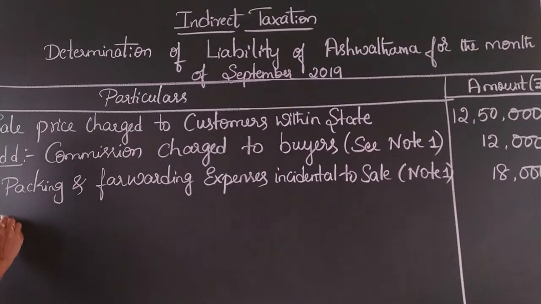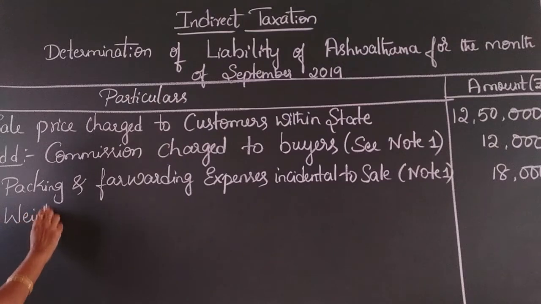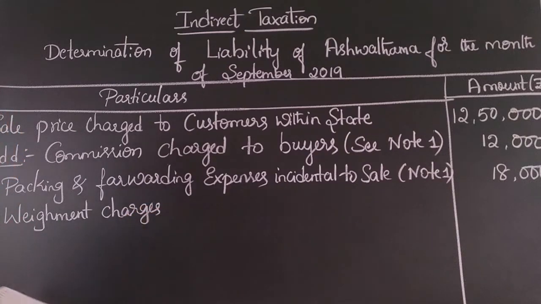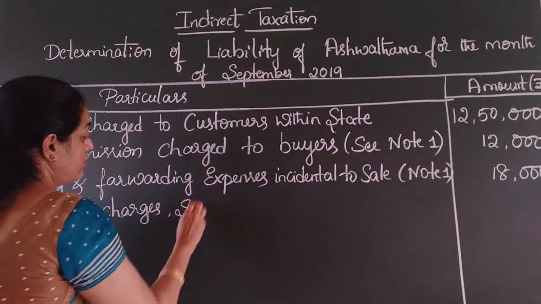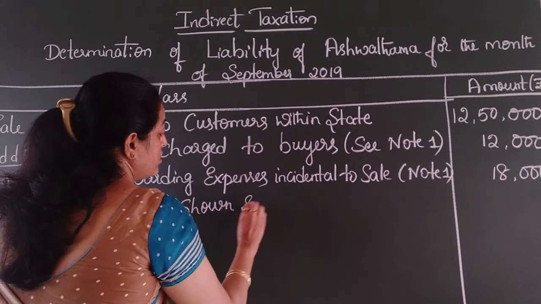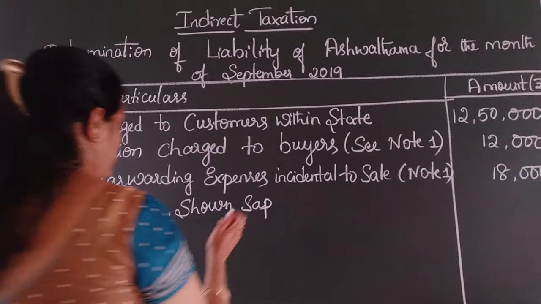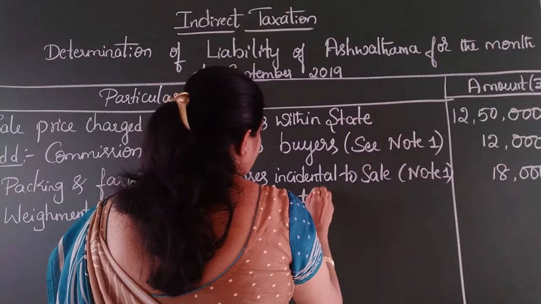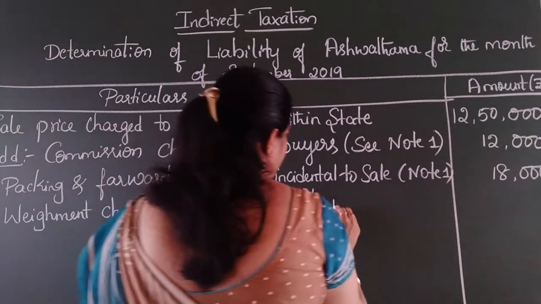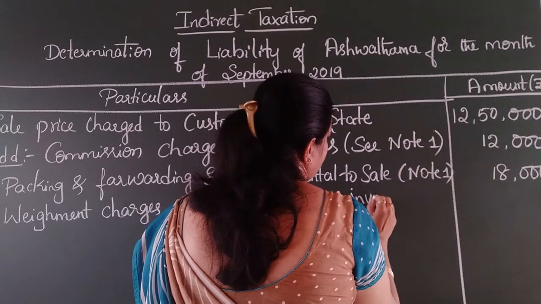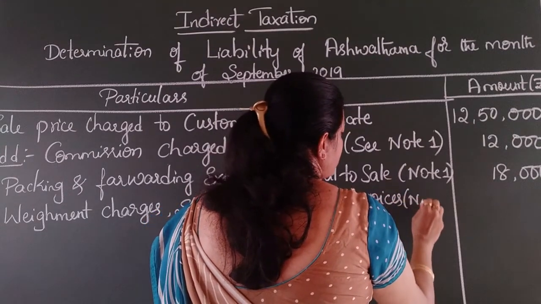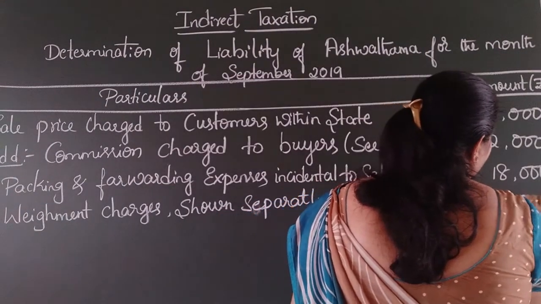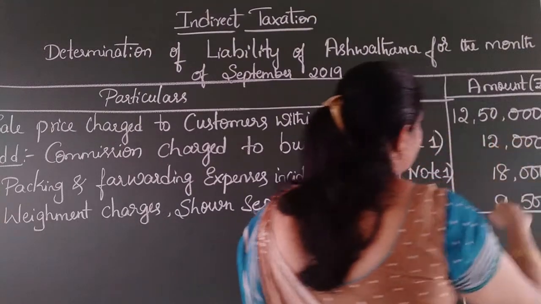And weighment charges shown separately in invoices. That is note 1. So total 9,500. You need to add these values.